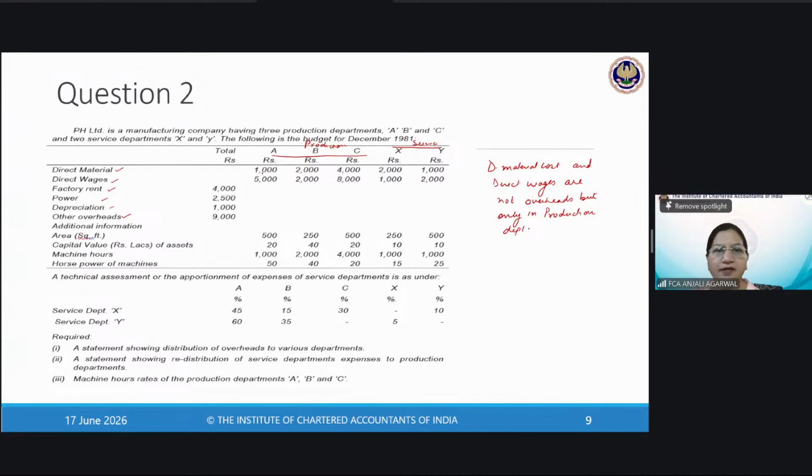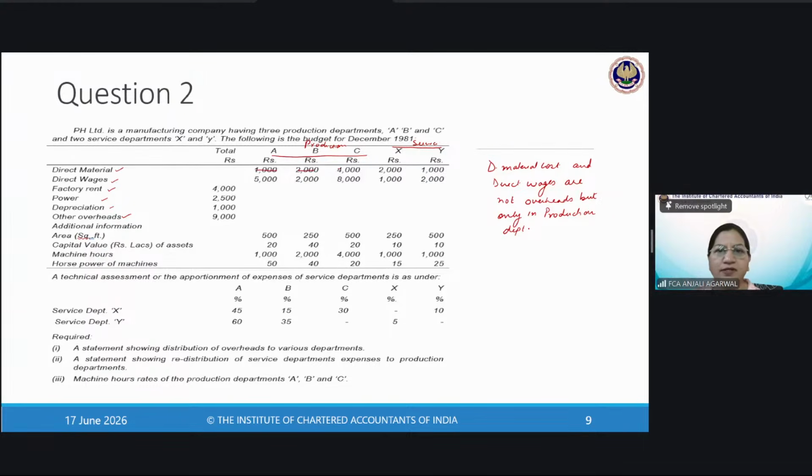In service departments, material consumed or wages incurred is again indirect. So they are overheads.